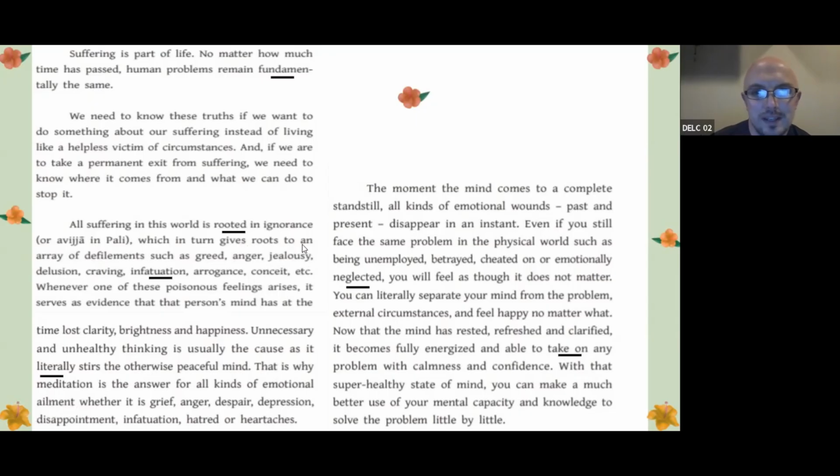But then when he says an array, it means like many. Array normally we use with light, so almost like a light beam or many sections of these bad things. And so defilements just means bad things. And when they say such as greed, anger, jealousy, delusion, craving, infatuation, these are all bad things, or defilements.